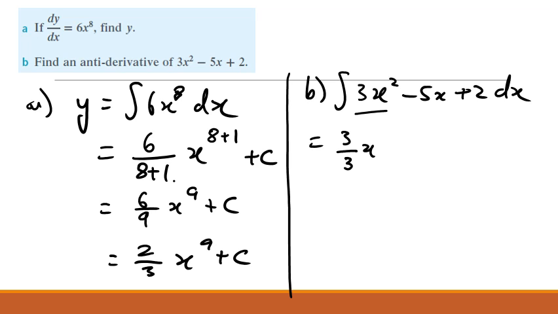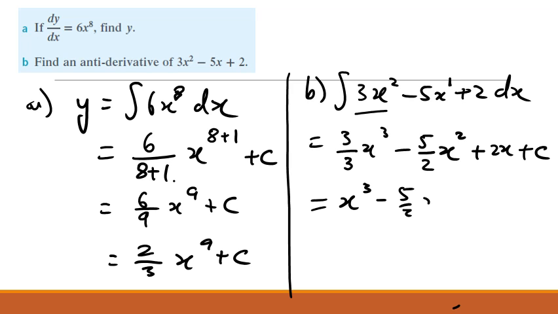And what goes on the top? 3, good. This one? What do we divide it with? 2. There's a 1 here if you're not sure, so that's a 2. And this one? 1. Yep. So we can write divided by 1, but I'm not going to. Then, is there anything we can simplify? Yeah, the 3/3. Good. Not that tough? That's what I'm saying, we can do a few things in one go.